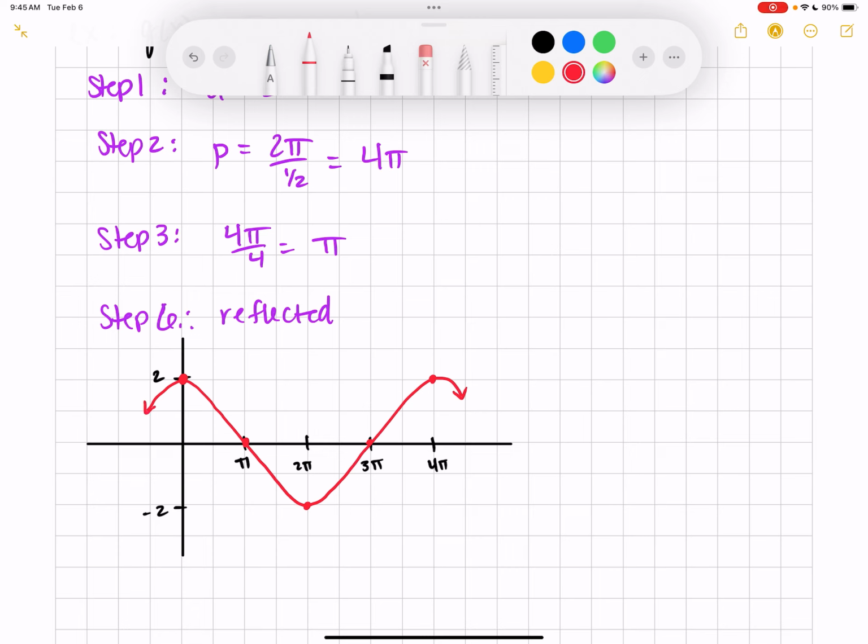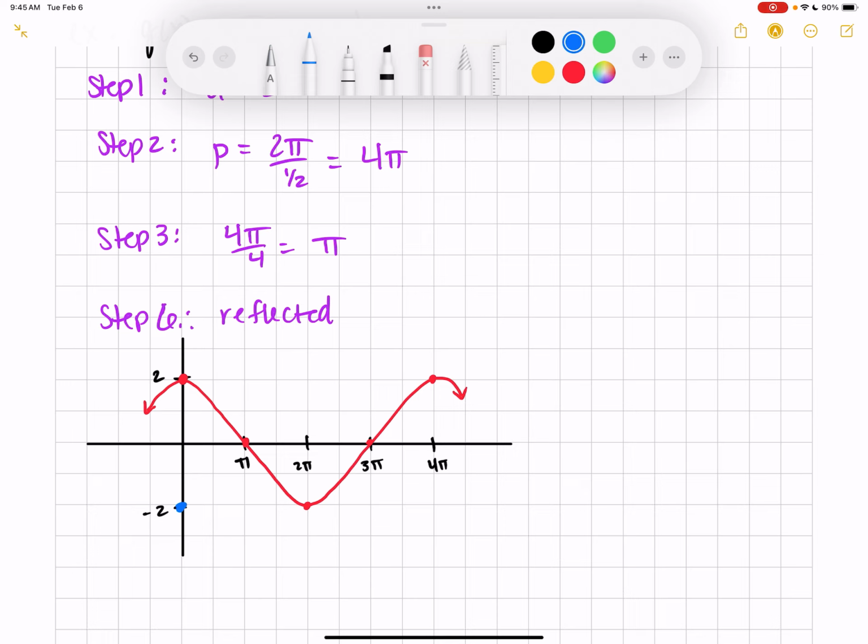But this function was reflected, so that means every point has to be flipped over the x-axis. Okay? So that means that instead of starting up here at +1, or +2 for this particular problem, I would actually be starting at the negative value. So it's going to start down here. And I'm going to go up instead.